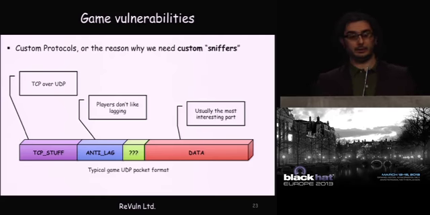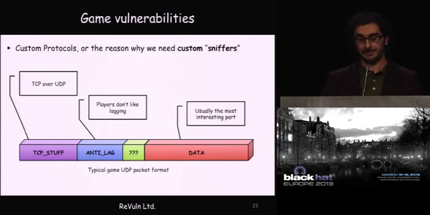So when we are dealing with this kind of protocol, we can see that the packet we are going to analyze is very different from a simple UDP packet. And this is due to the fact that we have a lot of additional information coming inside the packet itself.